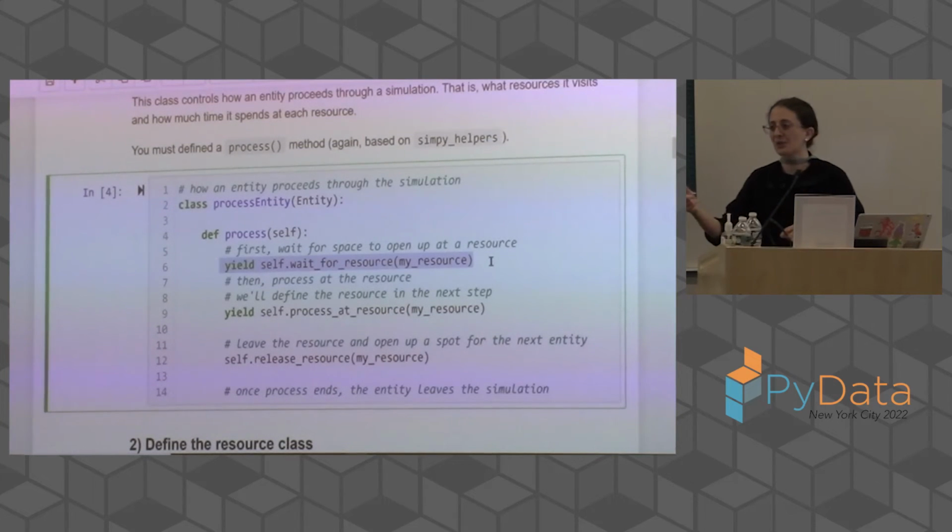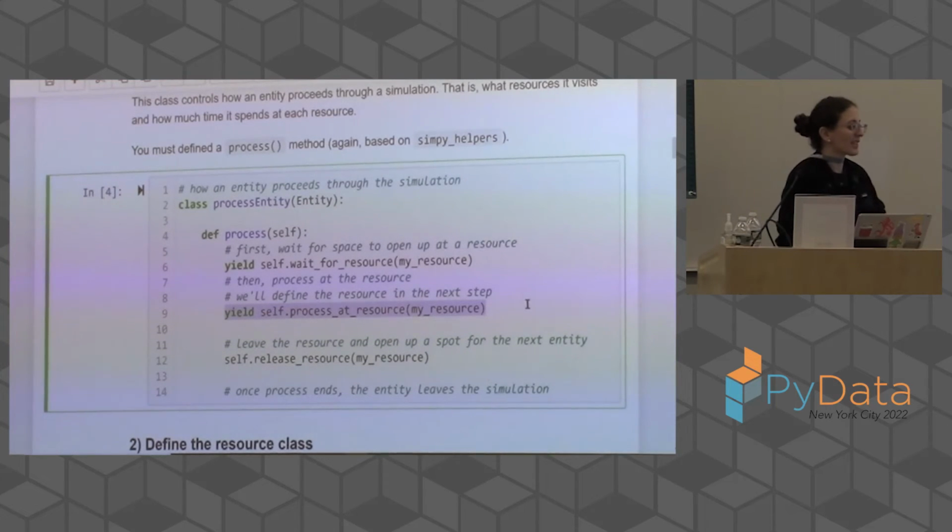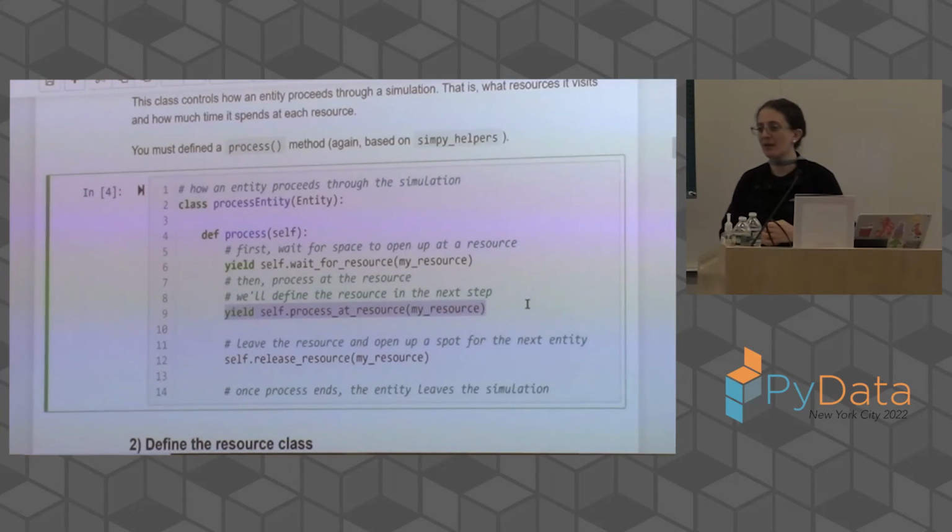And when we get to the resource, what will we do? We will process at the resource. When we define the resource, we'll see that is where we get to say how long service is going to take at my resource. But this code is about the entity and how the entity is going to get processed.